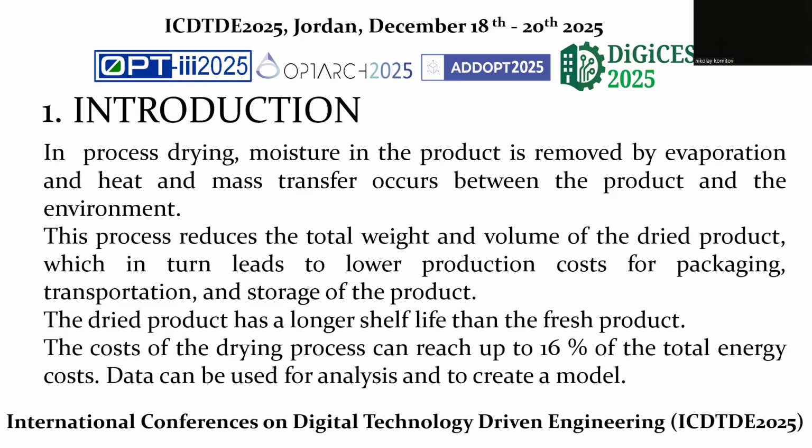The dried product has a longer shelf life than the fresh product. The cost of the drying process can reach up to 16% of the total energy cost. Data can be used for analysis and to create a model.